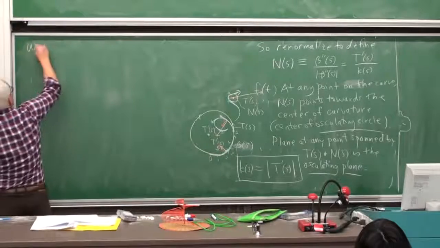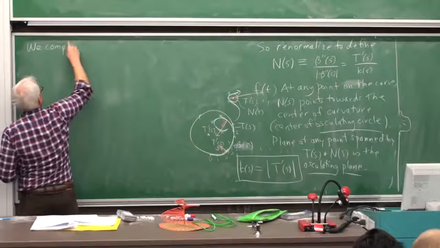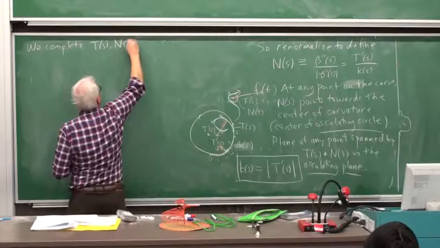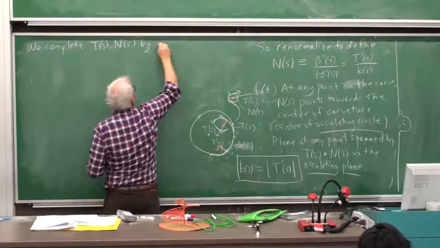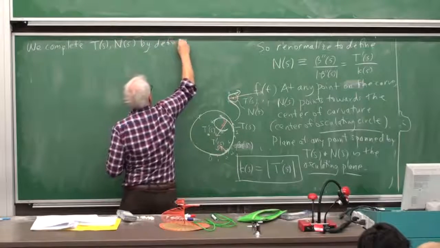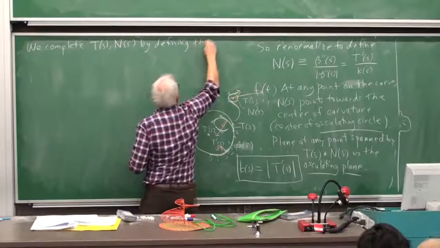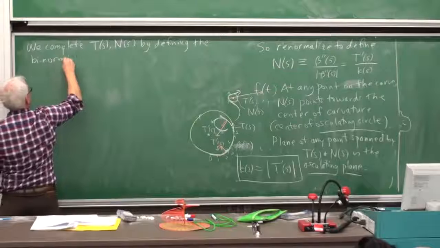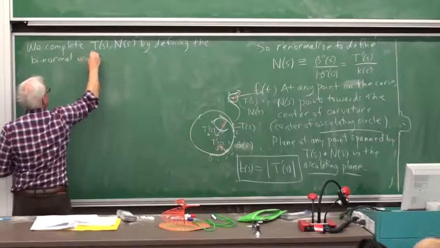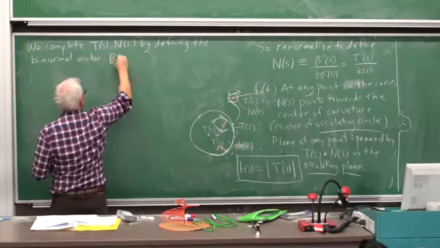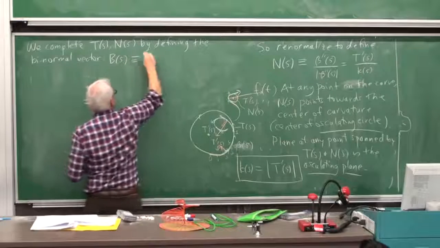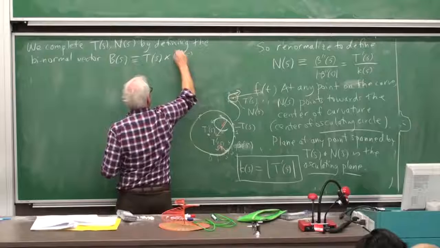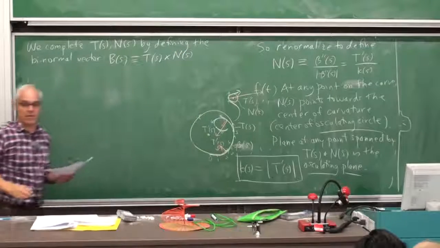All right, so we complete T of s, n of s by defining the binormal vector B of s, which is T of s cross n of s.